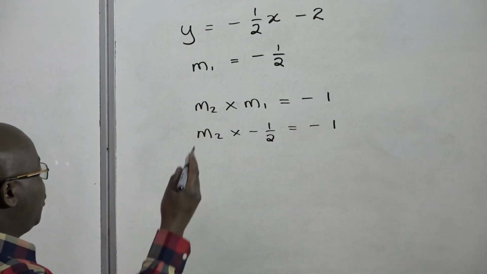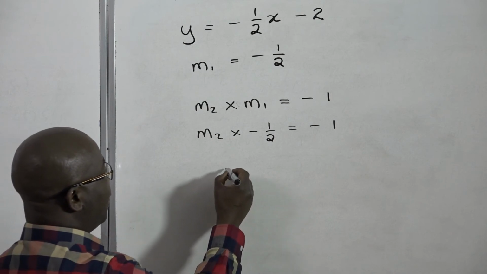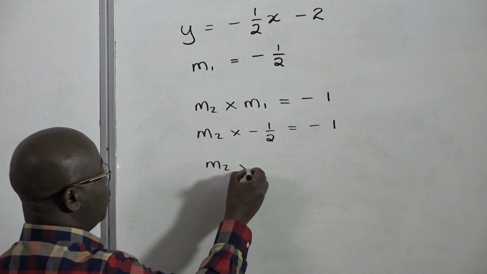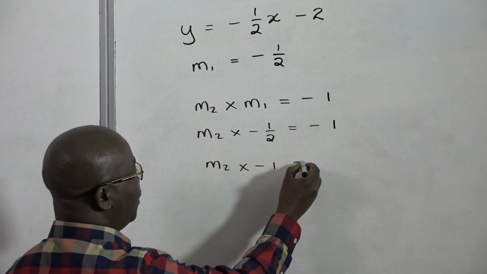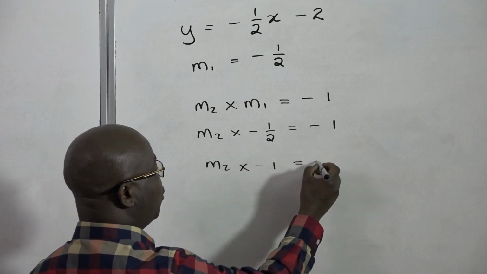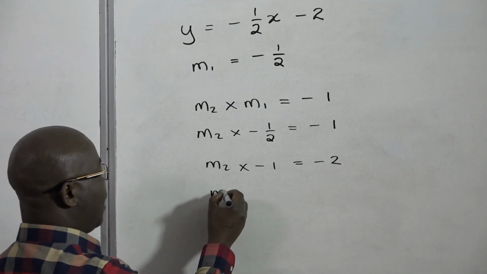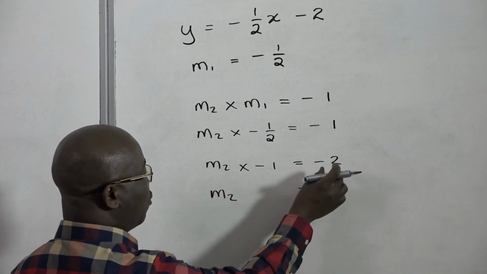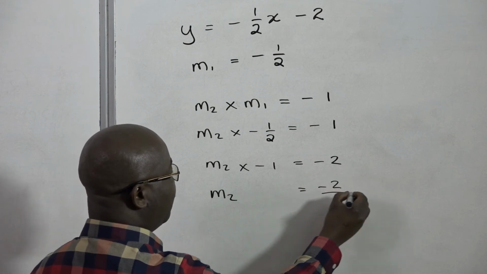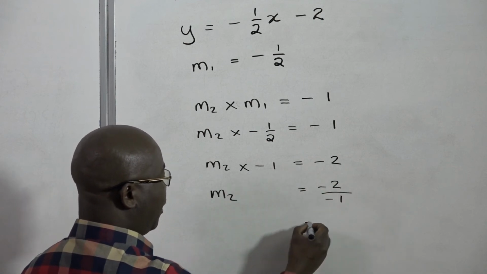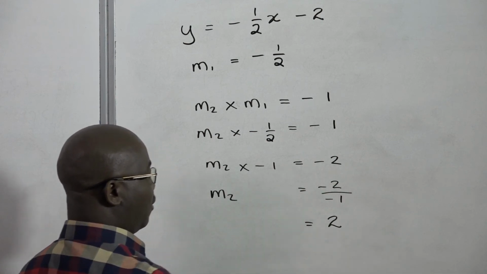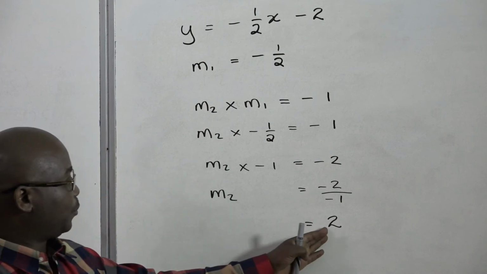If we take the 2 to that side, it becomes m2 times minus 1 is equal to minus 1 times 2, which is minus 2. And then m2 becomes minus 2 divided by minus 1. And therefore, m2, the gradient, will be 2.